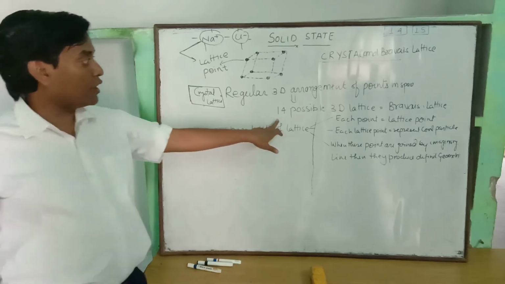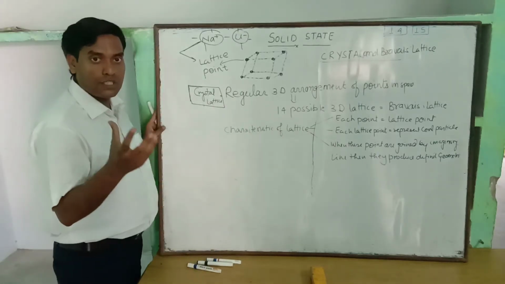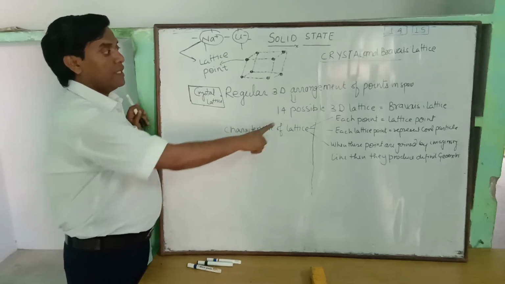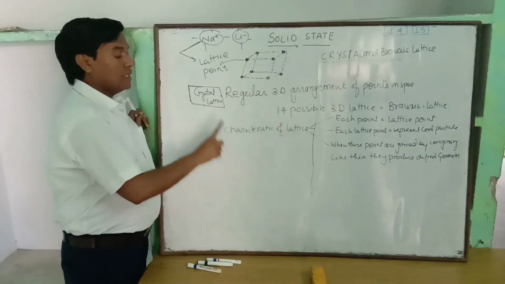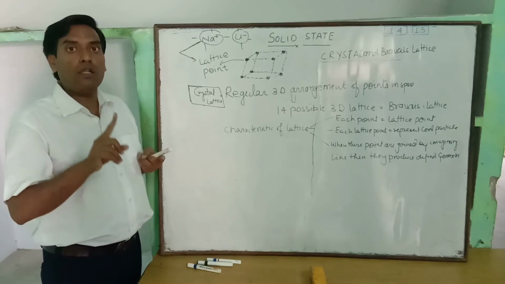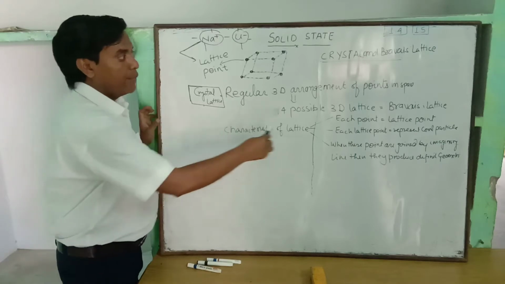Now, there are only 14 possible 3D lattices. If we watch different types of crystals, only 14 possible 3D arrangements are there. All these 14 crystal lattices are collectively known as the Bravais lattice.